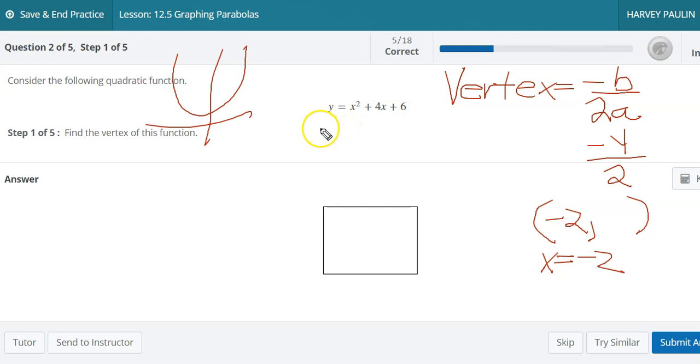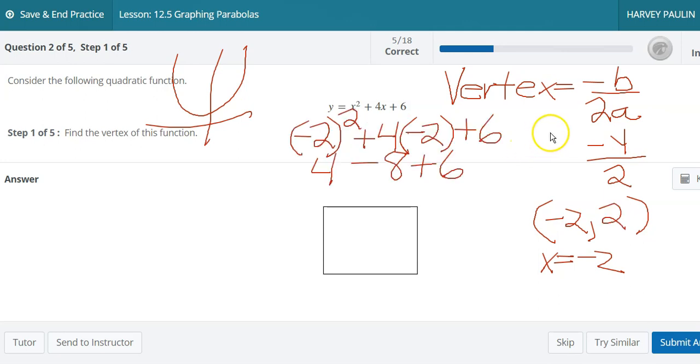Well, we do our substitution. So this is going to be negative 2 squared. So my pen's not working well. Let me get back here. Okay, if I write slowly, it works a little bit better. So I'm going to substitute our x value into this equation. So x is negative 2, which is what we have right here.